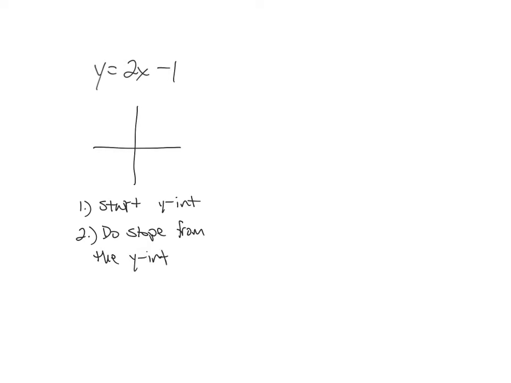So the slope is 2 and the y-intercept is -1.